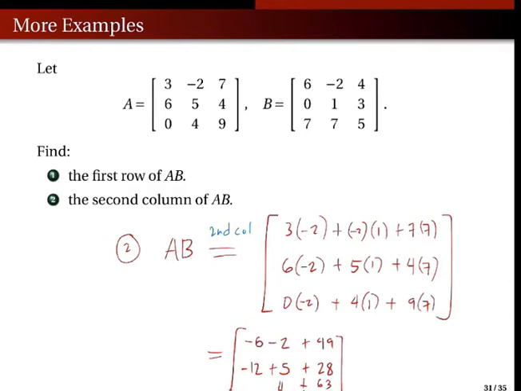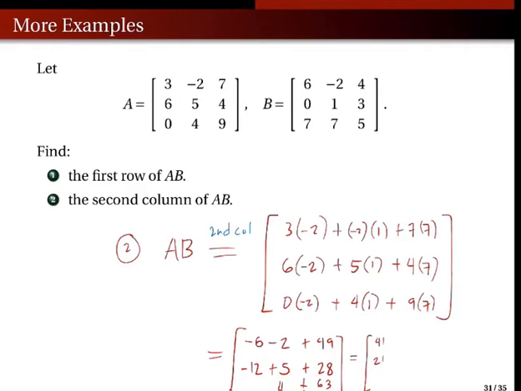So if we add them, what are we getting? Minus 6 minus 2, that's minus 8, plus 49, that's 41. Here you have minus 12 plus 5 plus 28. What is this? 33 minus 12? 21. Is that 21?